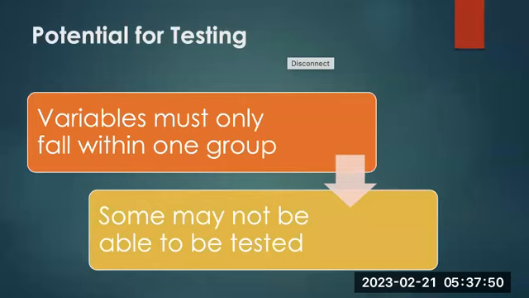So another area that we need to take a look at is potential for testing. Variables must only fall within one group and some may not be able to be tested. For example, teachers and students continue to disagree on what constitutes effective teaching or what the characteristics of good leadership are.